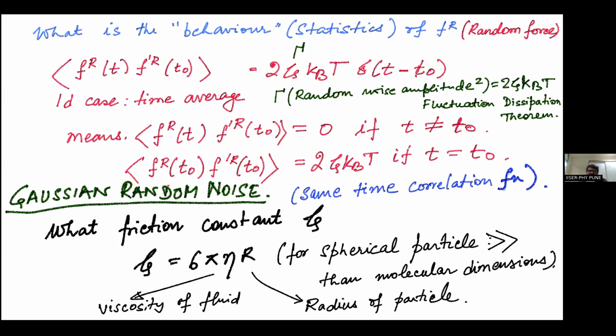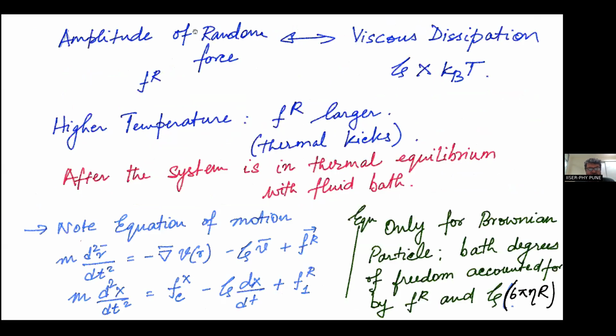So that gives you the distribution of forces with which a particle is being kicked at large time scales, much larger than the molecular dimensions, right? As a consequence of which, the particle is going to do a random motion, right?